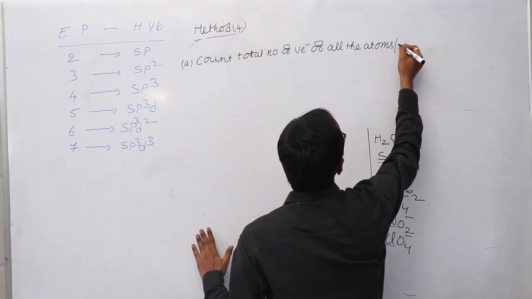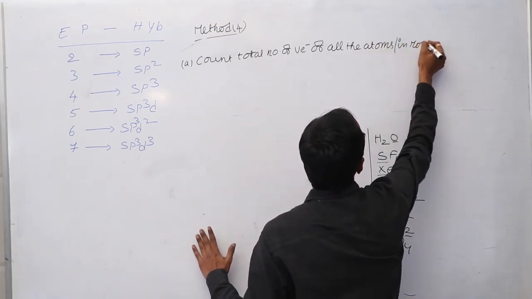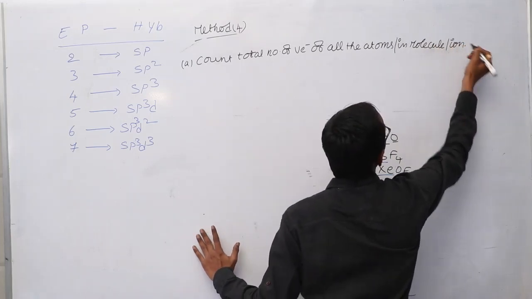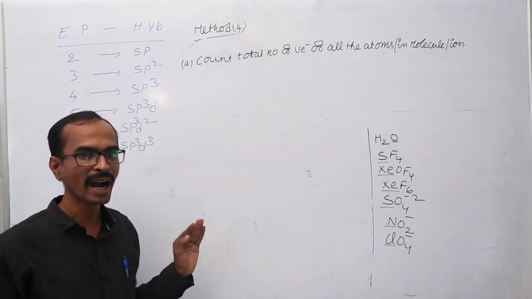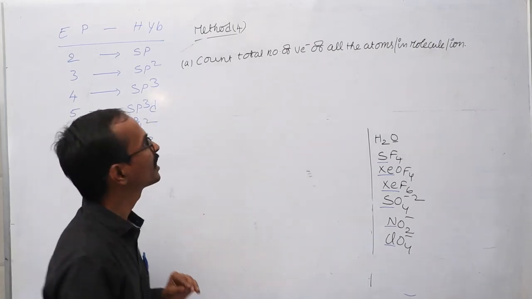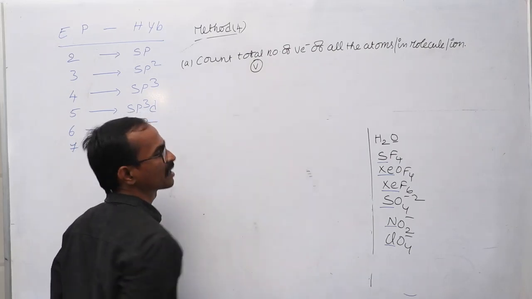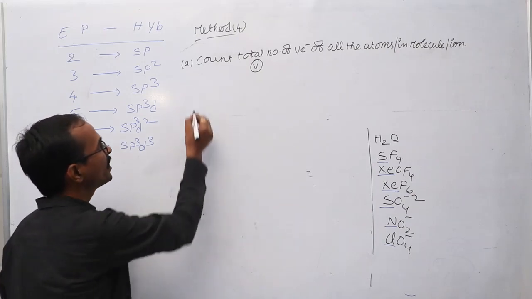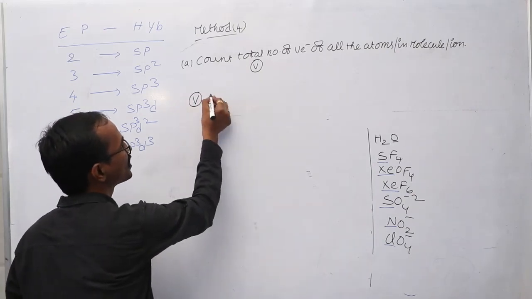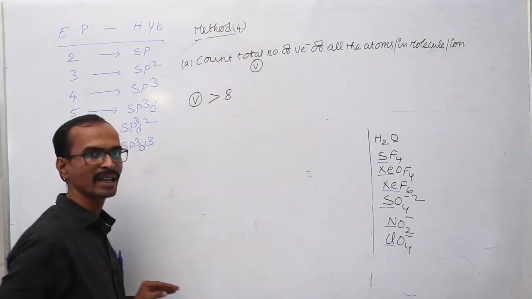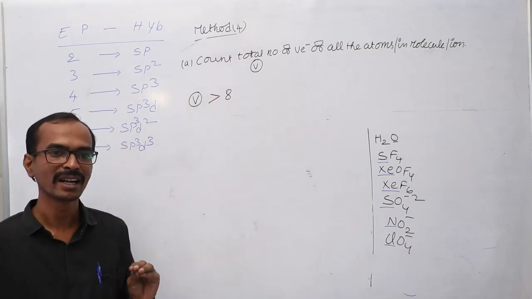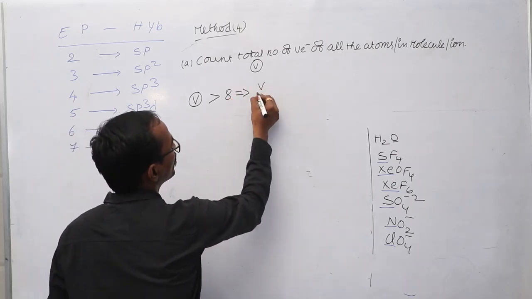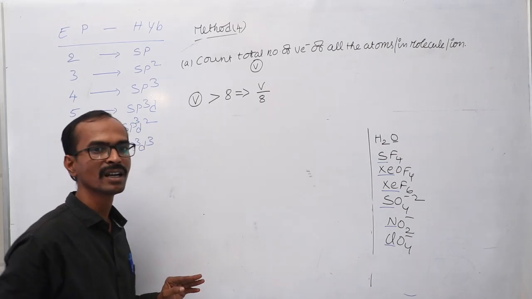Let us represent that number as V. If you got the V value greater than 8, then divide that V with 8.